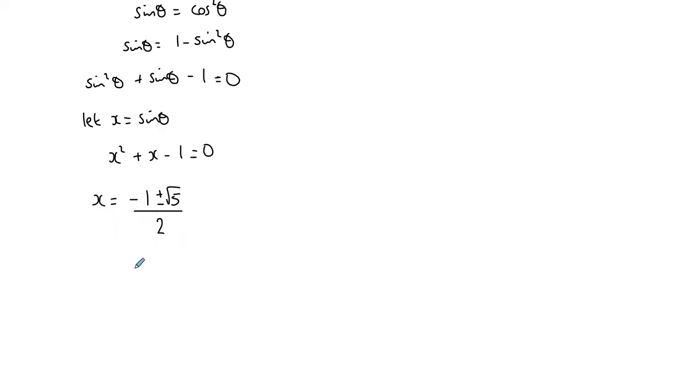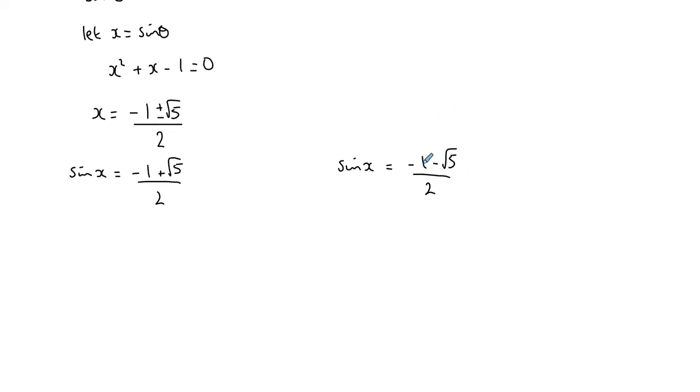So we've got values for x. That means that sine theta is equal to those two values. There's the minus 1 plus root 5 over 2, but there's also minus 1 minus root 5 over 2. So I'm actually going to look at this one first, just for speed, and you'll see why in a second.